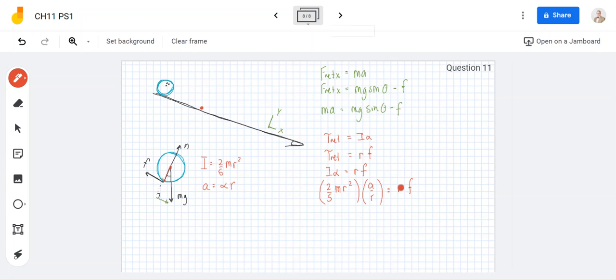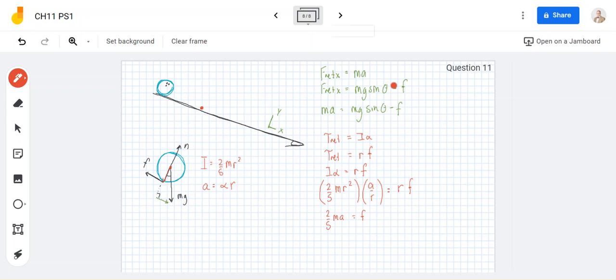If you're playing along at home, one thing you're going to notice right away is that if I multiply both sides by r, I get r squared on this side and r squared on this side, and they somehow magically disappear. And so I'm left with 2/5 ma is equal to f. So this gives me an expression for the friction.